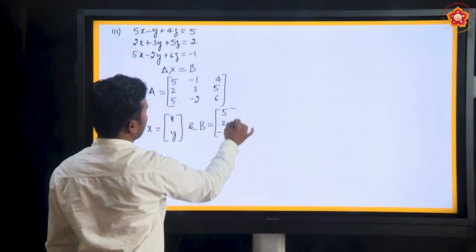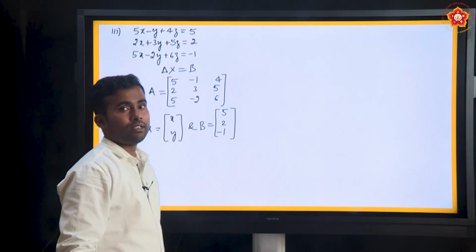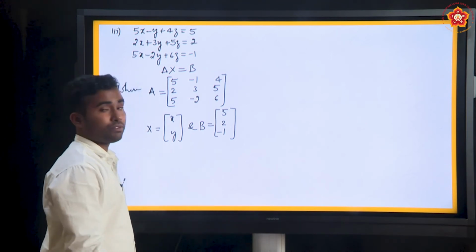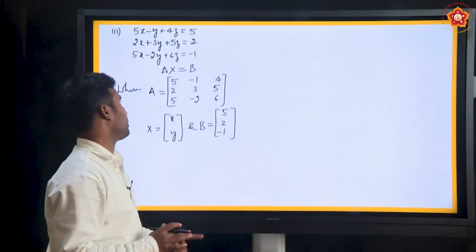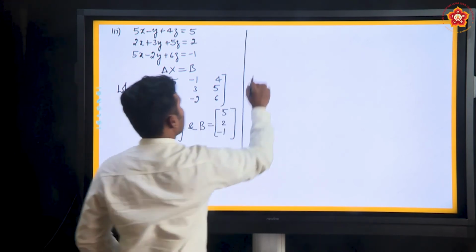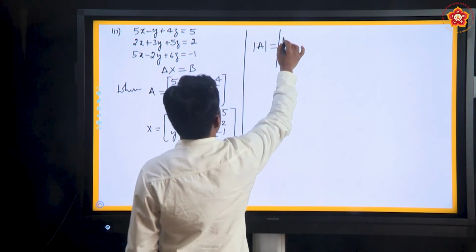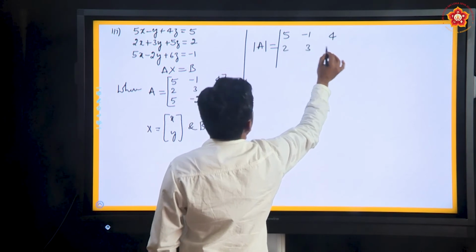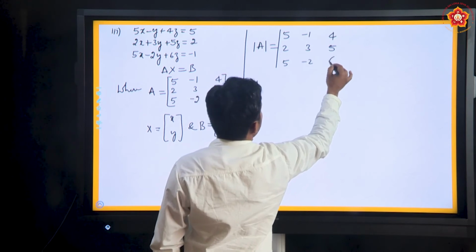Okay. See, before we go to say whether the given system of equations are consistent or inconsistent, what we can do is first we have to check whether the given matrix A is singular or non-singular. Okay. So, we have to check determinant of A is equal to determinant of 5 minus 1 4, 2 3 5, 5 2 minus 2 6.